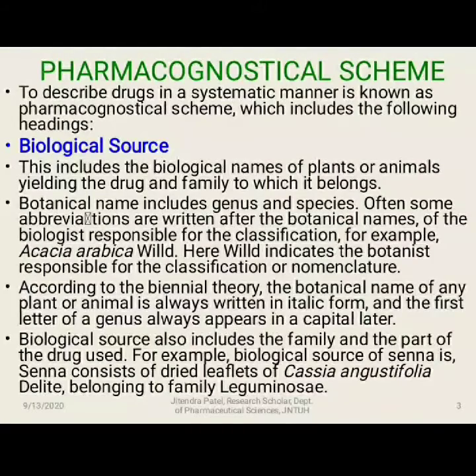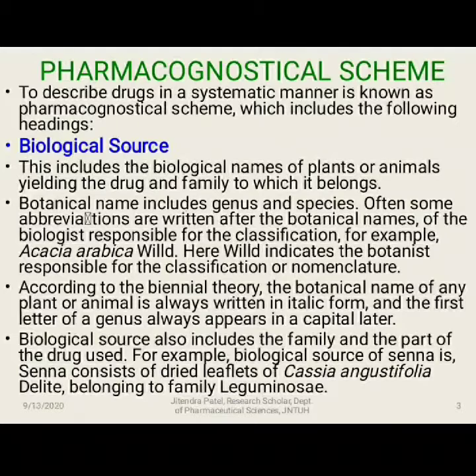So it includes genus and species. In Acacia arabica Willd, Acacia is the name of the genus and arabica is the name of the species, where Willd is the abbreviation which indicates the botanist responsible for the classification or nomenclature.